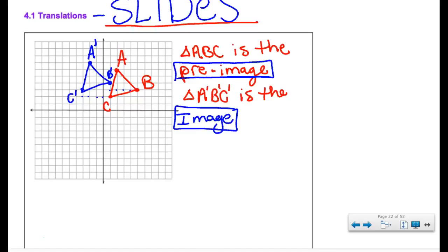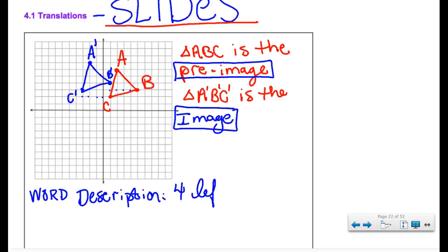I describe it with words. So let's write word description. What did I do to the triangle? I took every point and translated it or slid it 4 to the left and 1 up. So this translation is 4 to the left and 1 up.